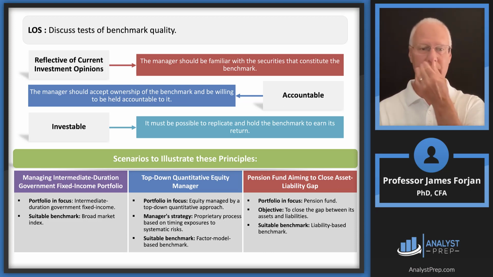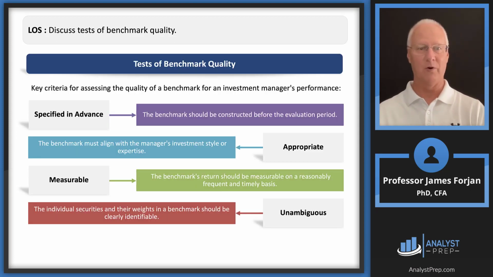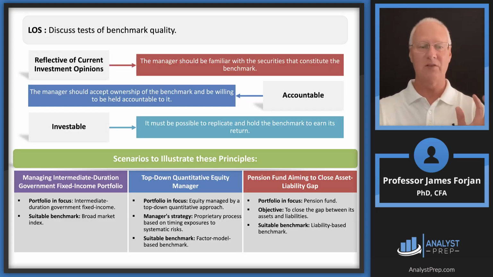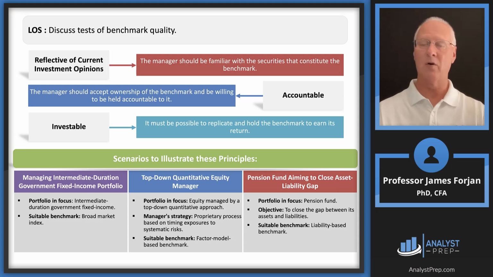And the question will be something like, which of the following benchmarks is specified in advance, appropriate, all these kinds of things. So which one? For the purple, maybe a broad market index. For the blue, maybe a factor model. For the red, maybe liability-based. Those make sense based on what we've talked about over the last 5 or 10 minutes.